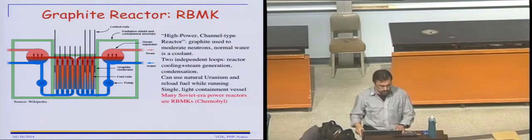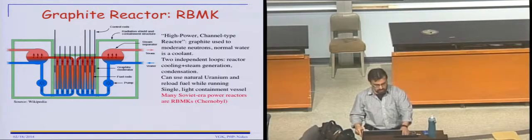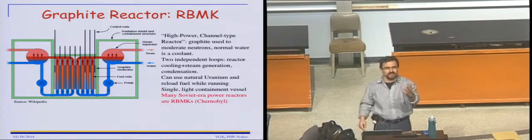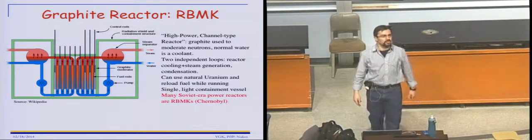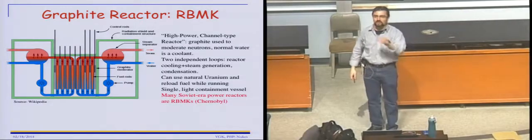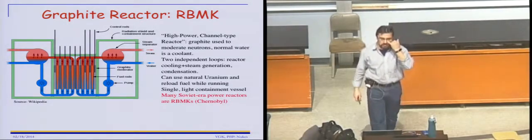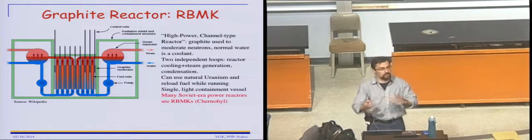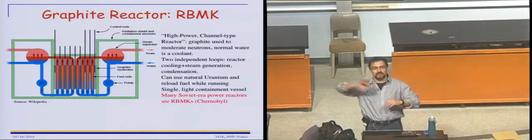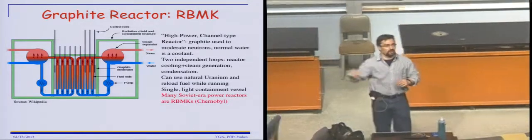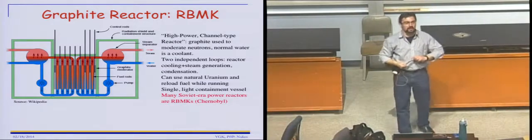The fact that two different moderators were used, the graphite was used as a moderator, and water was used effectively as a secondary moderator. It had only about a 10% effect. As it turns out, this design was subject to, under certain conditions, very far outside of the normal operating parameters of the reactor, instability.